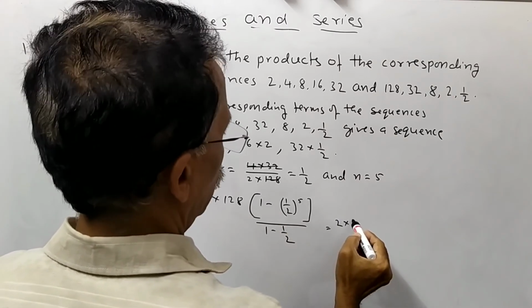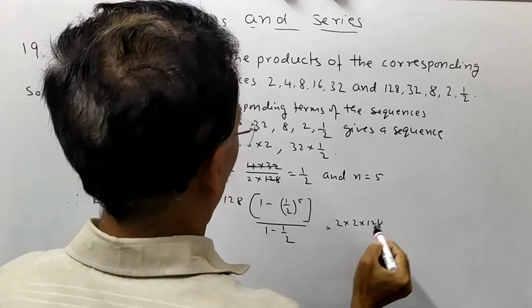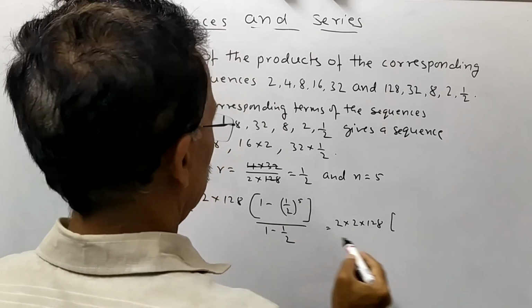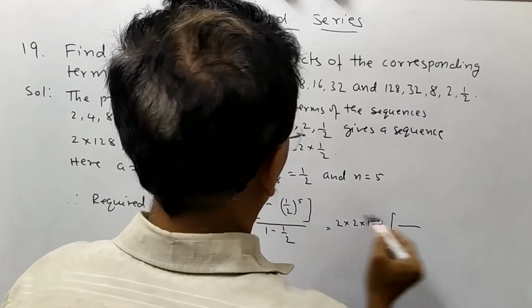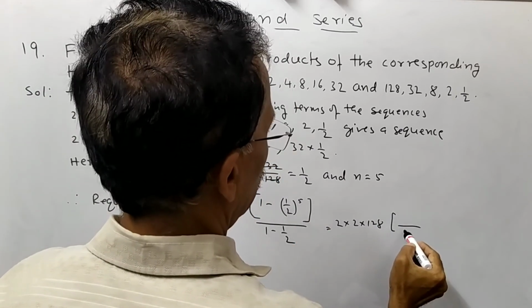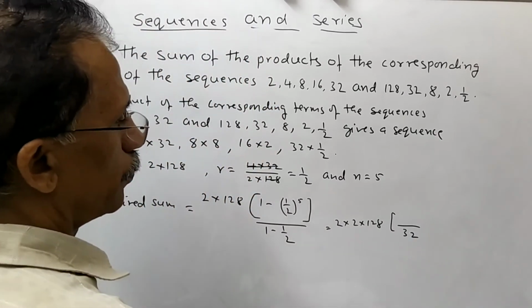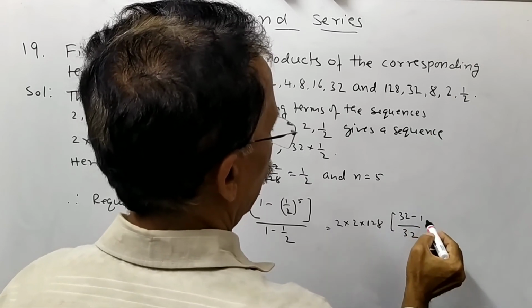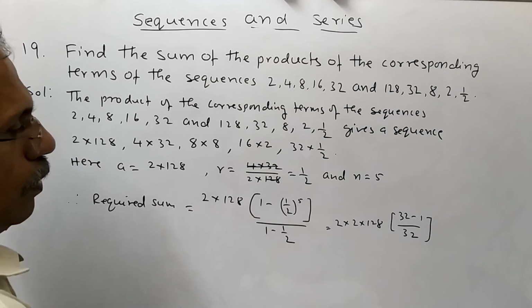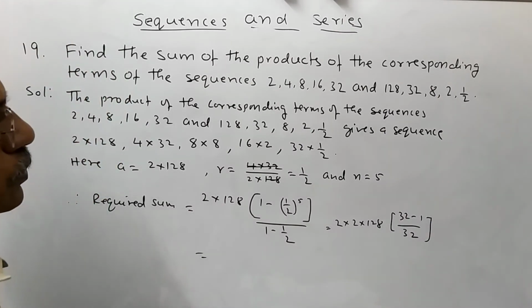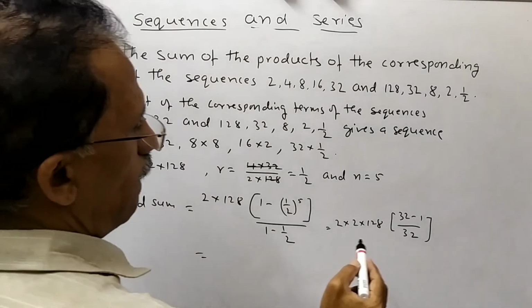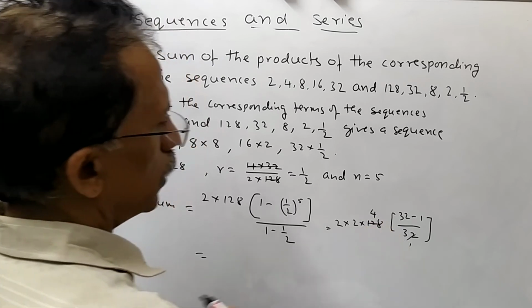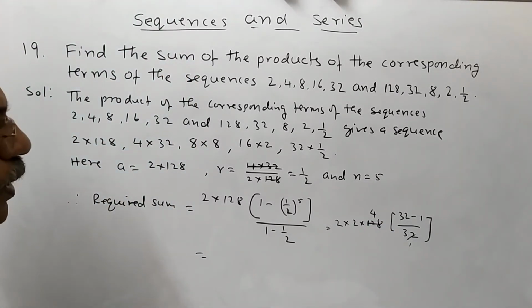2 into 128 into bracket 2 raised to the power 5 is the LCM, that is 32, minus 1 is equal to 32 ones are 32, 32 fours are 128.